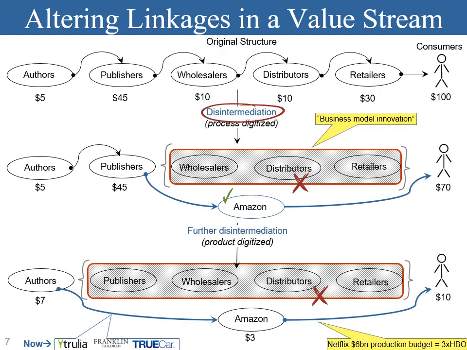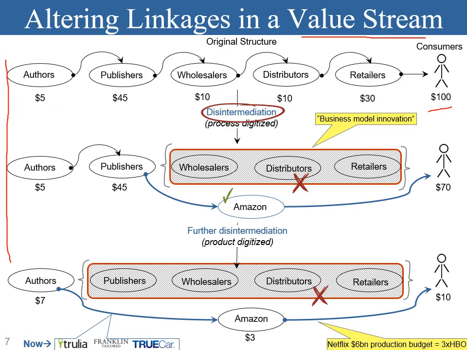Okay, this diagram shows disintermediation, using IT to reconfigure a value stream, which means they use IT to remove the intermediaries or middlemen and change the linkages of the value stream. This diagram illustrates how the margin for a $100 book was historically split among firms in the publishing industry.